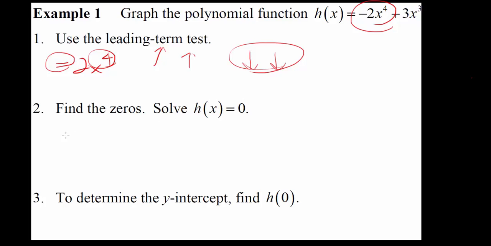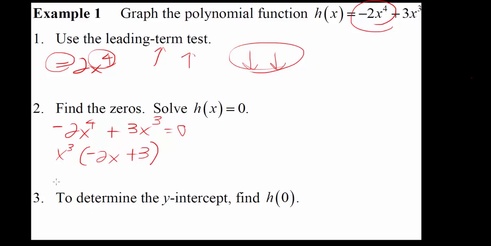So to find the zeros in step 2, I take negative 2x to the fourth plus 3x cubed, and I set it equal to 0. I want to factor out a GCF of x cubed, and I'm left with negative 2x plus 3.